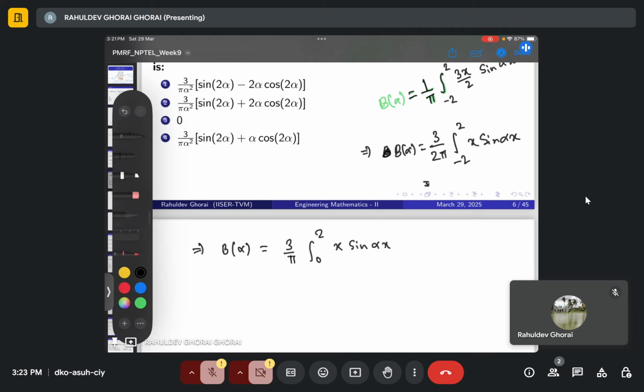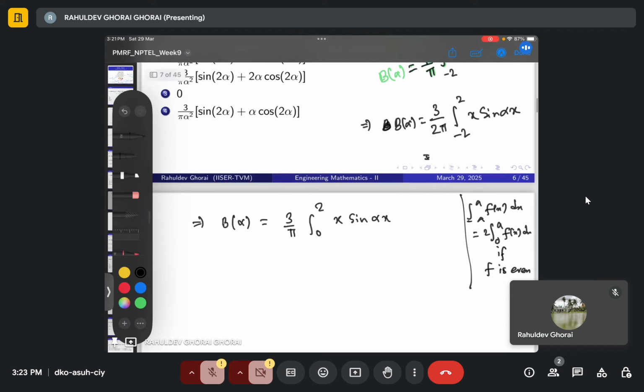Hopefully you understand why, right? Because this is an even function. Integral from minus a to a of f(x) will be 2 times the integral from 0 to a of f(x) dx if f is an even function. So I have used that here.